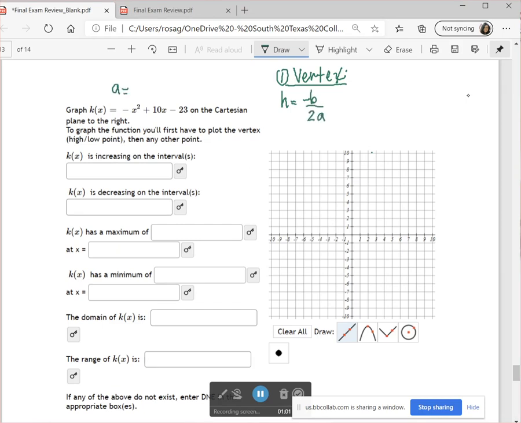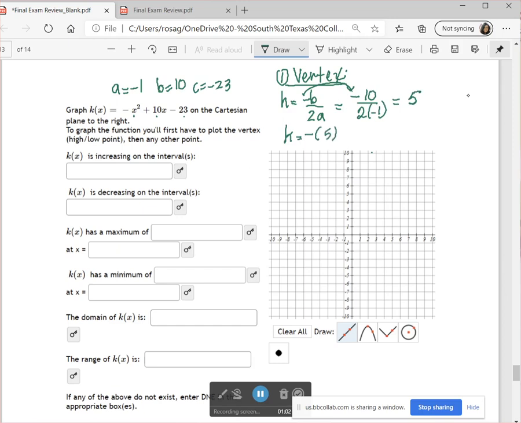So my A is negative 1, my B is 10, and my C is negative 23. So to find the vertex, I'm going to do negative from the formula, and then my B, which is 10, and then 2 times negative 1. And that gives me 5. Then I'm going to plug in that number into the x's here to get k.